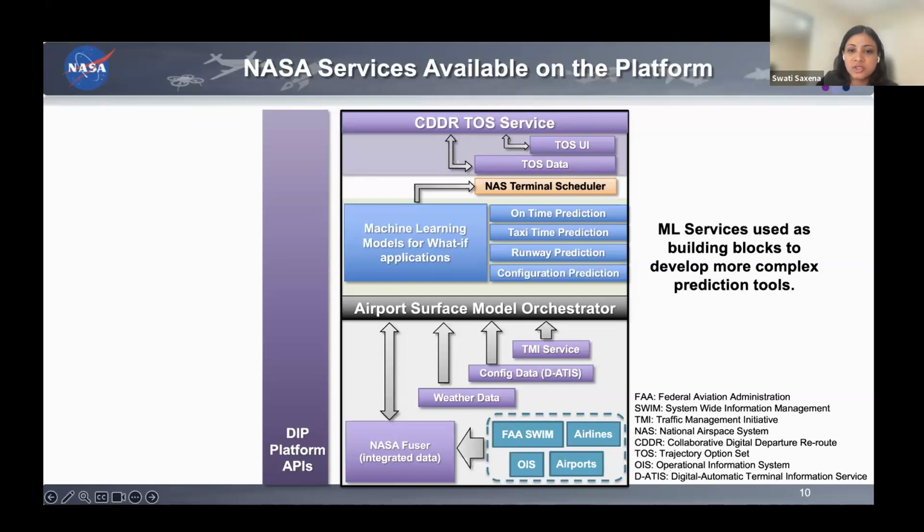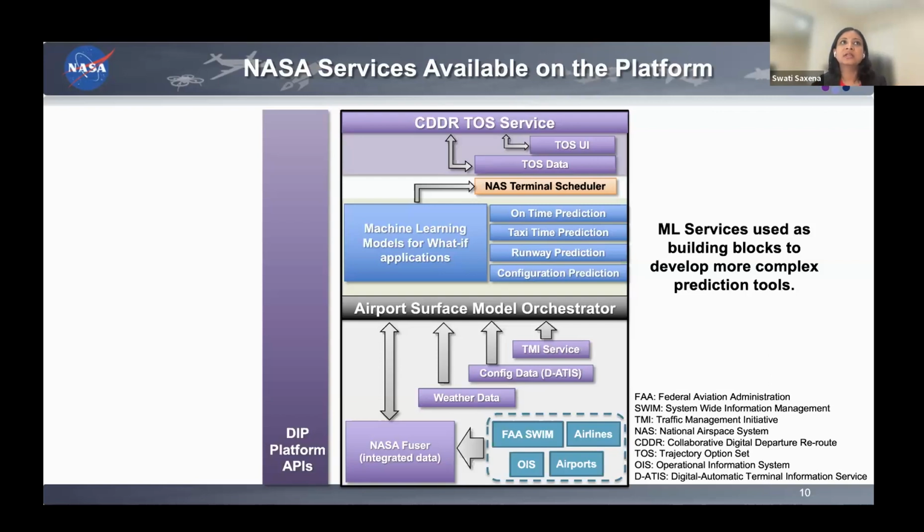So that's the schedule that's set up, and then it also goes into this overall prediction service called CDDR, which stands for Collaborative Digital Departure Reroute, which basically gives the flight operator an optimal path for the aircraft to take off. So on an airport, as you know, there are different runways that an aircraft can use, or departure gates and fixes that an aircraft can use to take off.